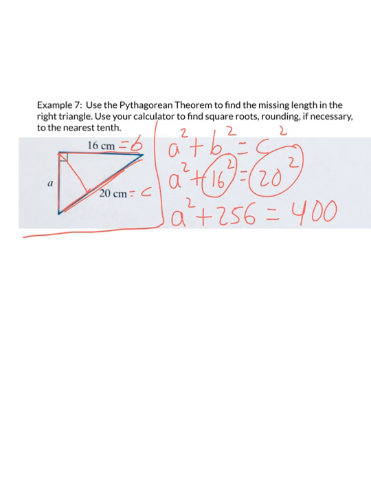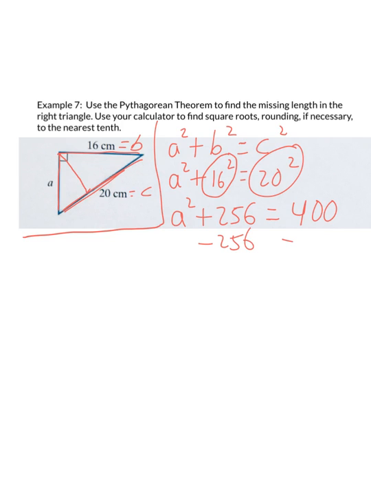Before we can solve for A, we first need to get A squared by itself, which means I need to move the plus 256 to the other side. When you want to move a number to the other side, thinking back to algebra, you've got to do the opposite operation. The opposite of plus is obviously minus.